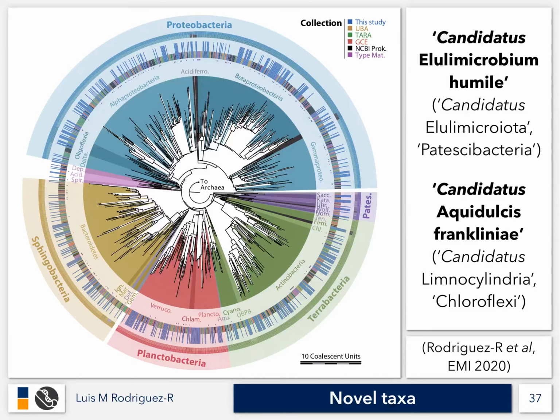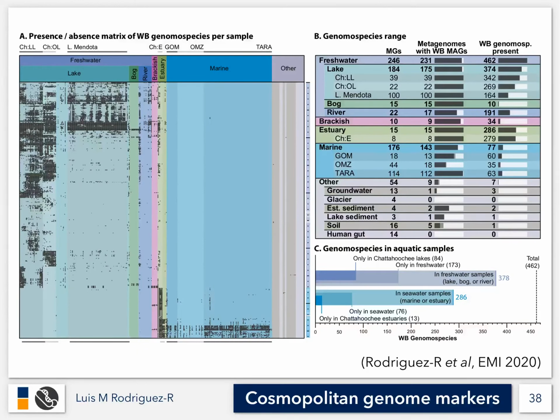So we have this fantastic collection from all across the tree of bacteria, specifically from freshwater or aquatic organisms, that we were able to use to taxonomically describe at least 3 different new taxa, 3 different new organisms.